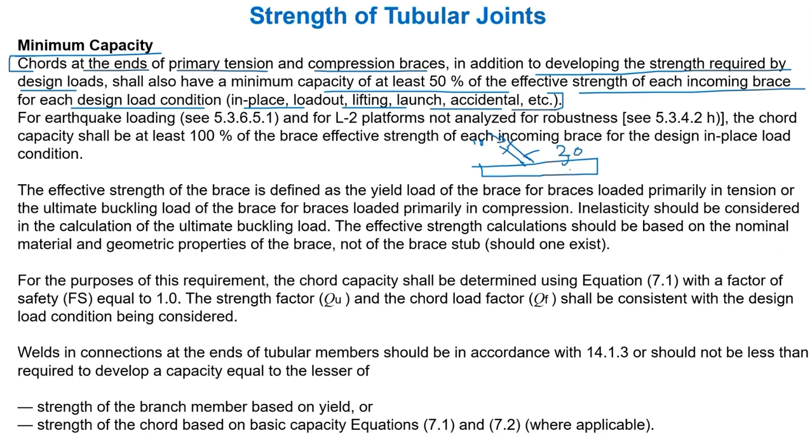Effectively from equipment and other things only 10 ton is coming. But that doesn't mean we have to design the joint for only 10 ton. We need to design for at least 50% of the capacity of this brace. That means I need to design it for 15 metric ton. That's called the minimum capacity requirement.